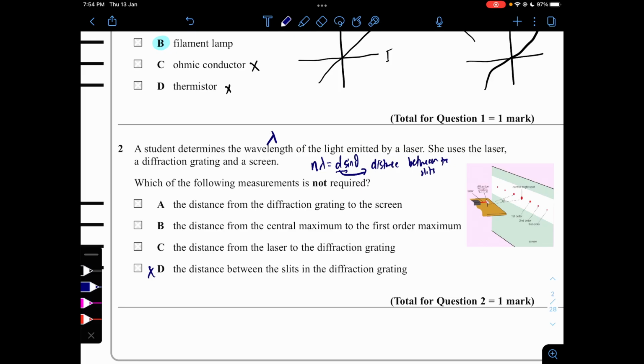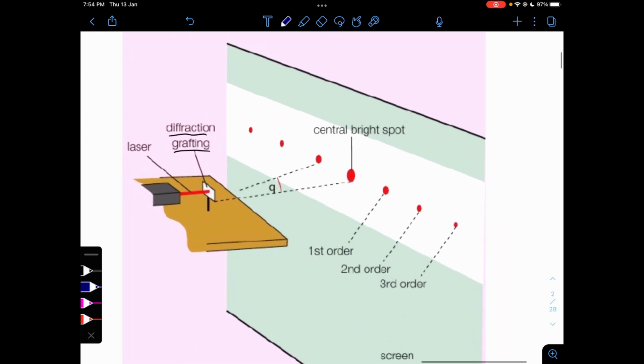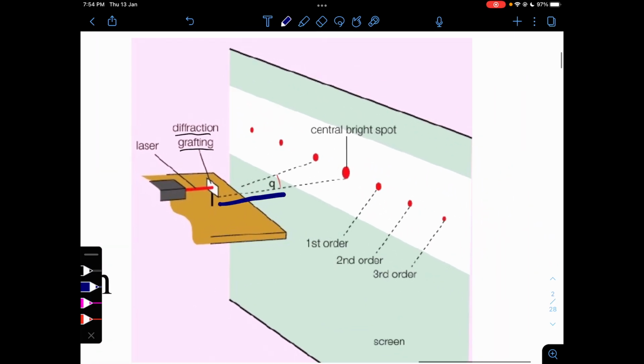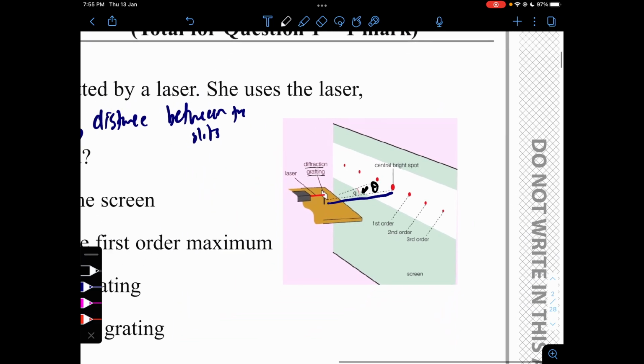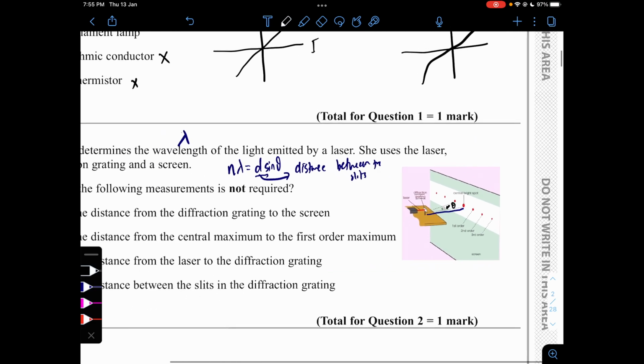We also have a, the distance from the diffraction grating to the screen, which is this distance over here. Now does this help us? Yes, it does, because it helps us to find this angle theta here. So this distance is also important.